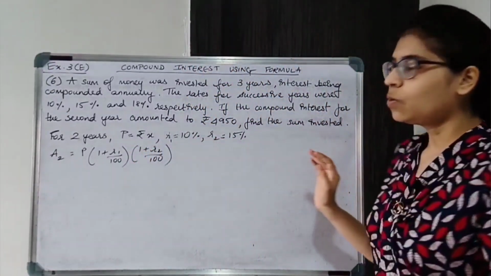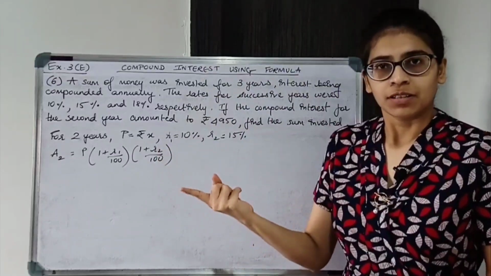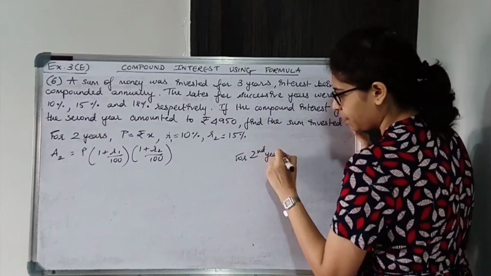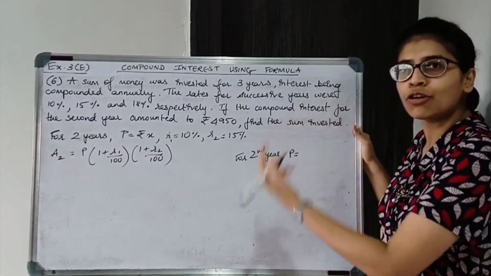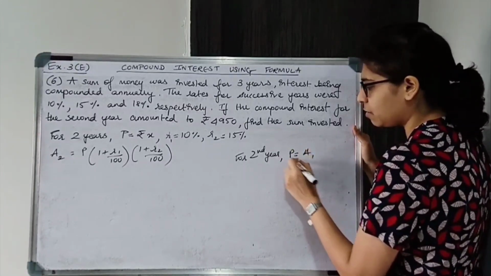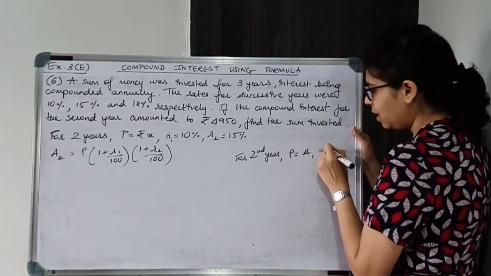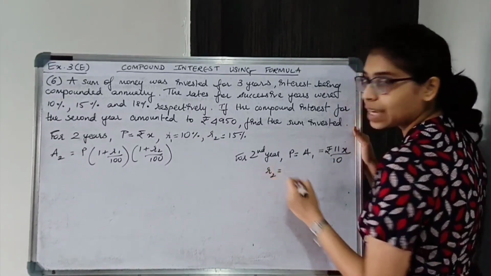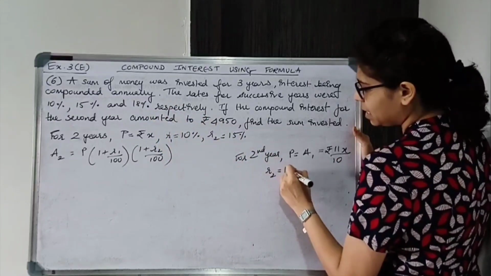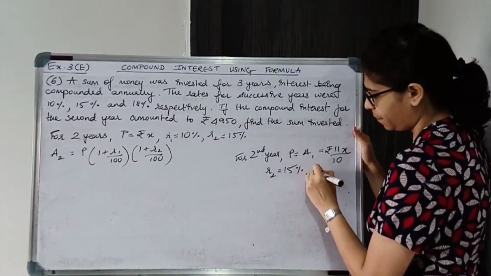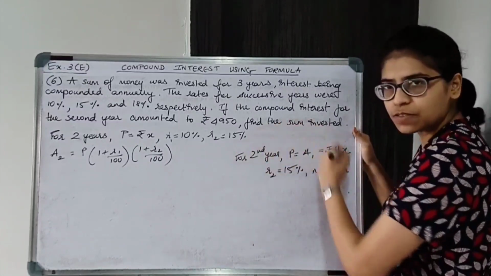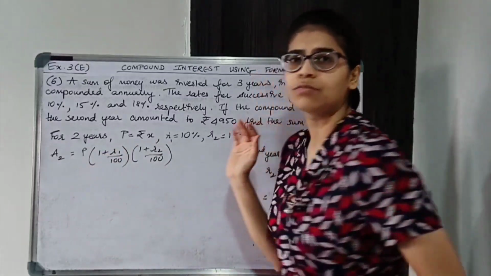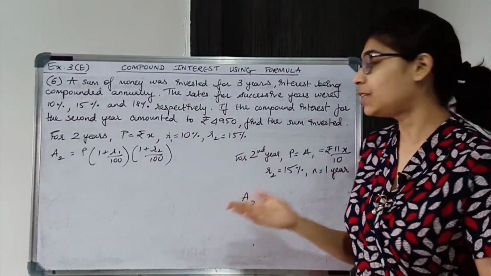Now you can also use the other method, that is for second year. Principal क्या हो जाएगा, amount of previous year, that is a1, that was 11x upon 10, and r for second year is 15%. And n will be 1 year. So you can solve it this way also. You will get a2 ka value. The value that you get by this method is the same. It is going to be same, not similar, same.